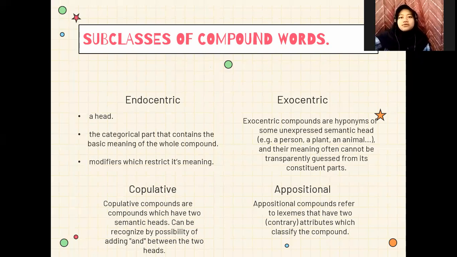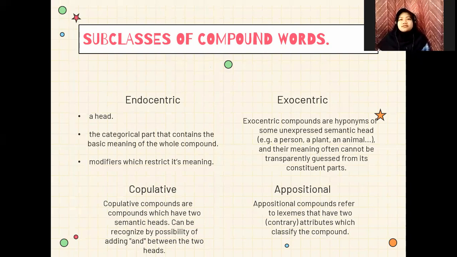And number two, there is exocentric. Exocentric compounds are hyponyms of some unexpressed semantic head, for example a person, a plant, an animal, and their meaning often cannot be transparently guessed from their constituent parts. For example, the English compound white collar is neither a kind of collar nor a white thing.